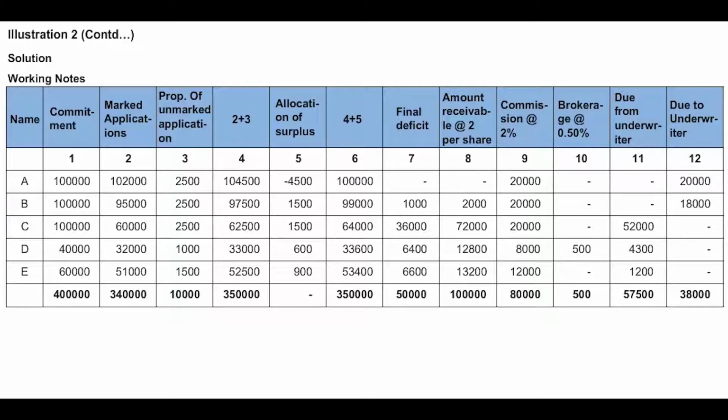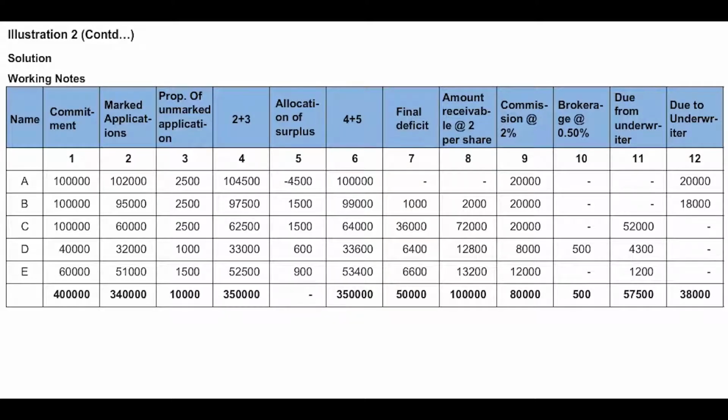Now the total applications in the respective accounts will be 1,04,500, 97,500, 62,500, 33,000 and 52,500, as seen in column number 4. Now we can see that A has surplus applications. So there is a surplus of 4,500. It means that 4,500 needs to be distributed among the remaining underwriters in their gross liability ratio.